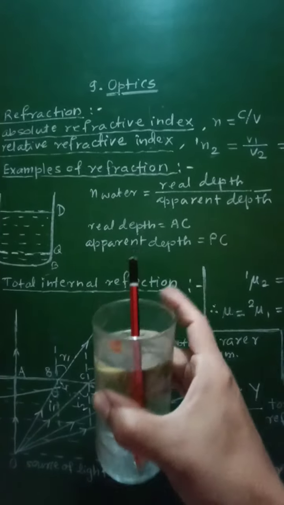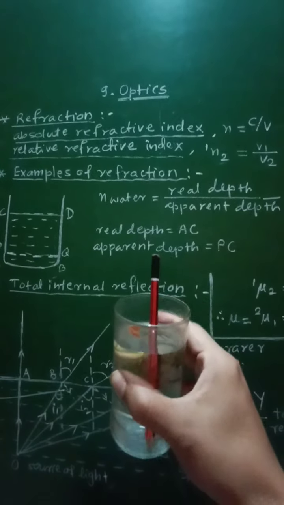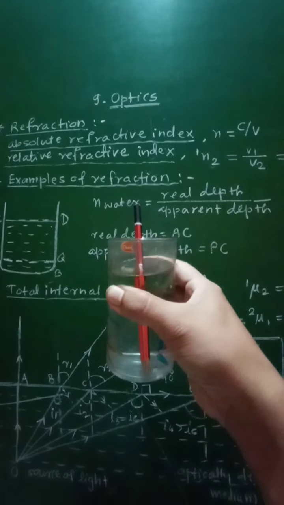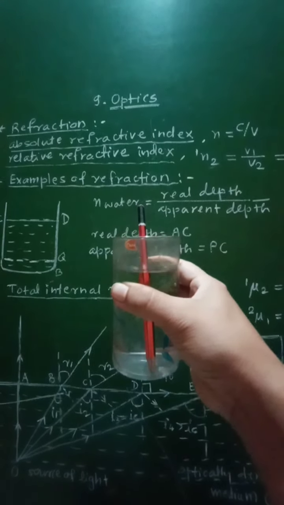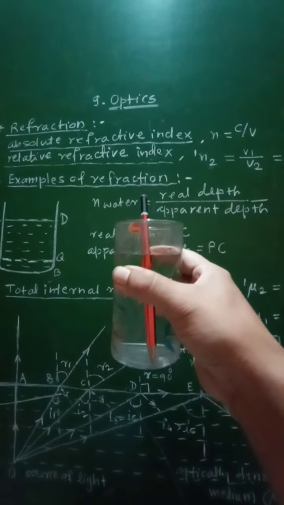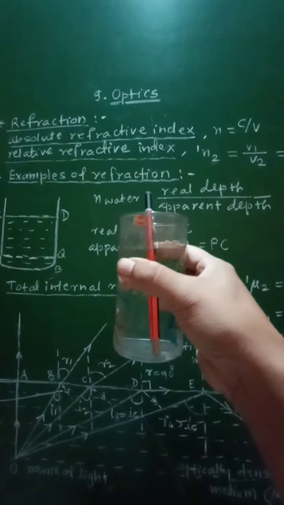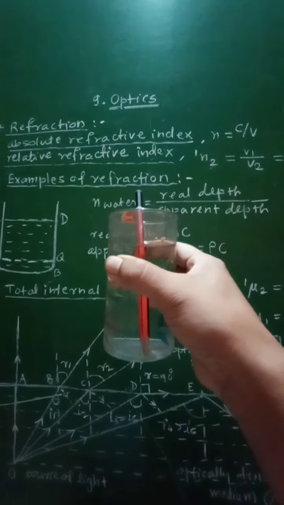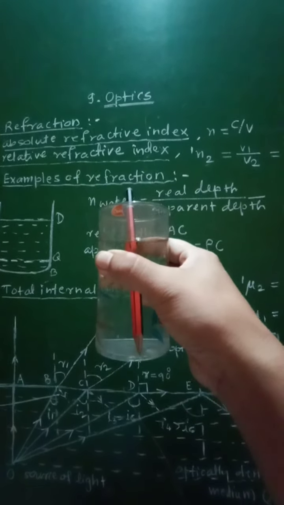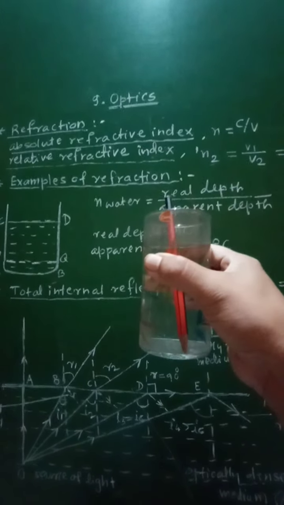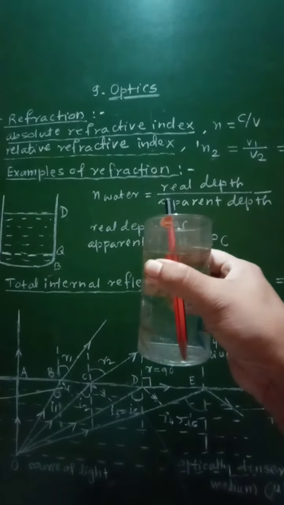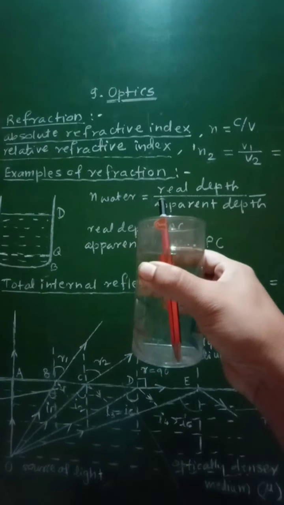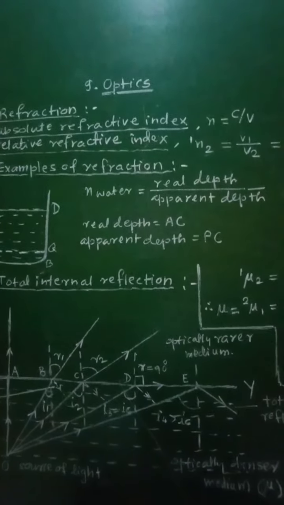But when it is viewed from upwards, the bottom of the glass will be observed to be raised. It will appear to be raised to some distance in the upward direction, and therefore the depth of water will appear to be decreased, and that depth of water will be called the apparent depth.